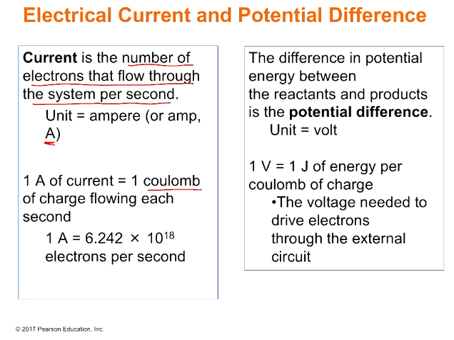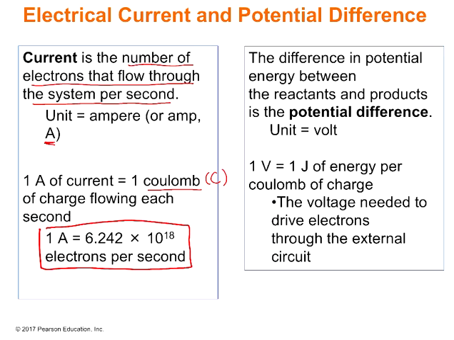Coulomb has a symbol capital C. And what this really tells us is that 1 amp is equal to a certain number of electrons per second. That's 6.242 times 10 to the 18th electrons per second. So that's a lot of electrons. This will be a key factor there.